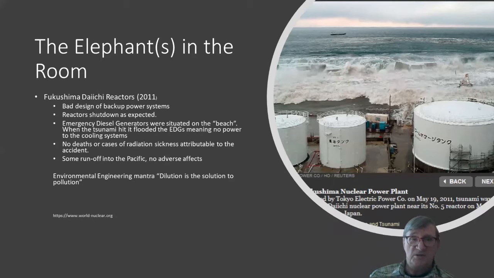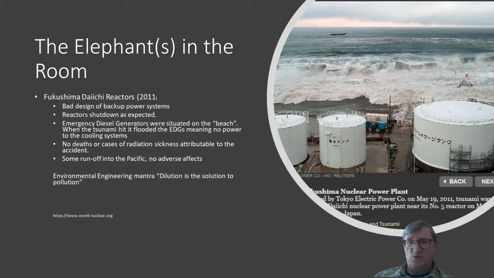Okay, the Fukushima Daiichi reactors in 2011 were really a bad design for the backup heat removal systems. They had forewarning that a tidal wave was heading their way, and the reactors were shut down. So they were just sitting there cooling off, and it takes a while for the reactors to cool off.